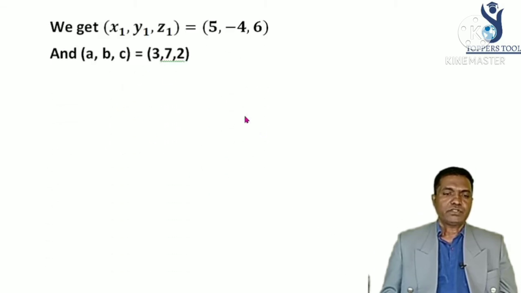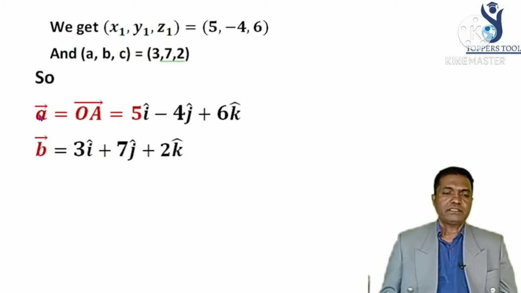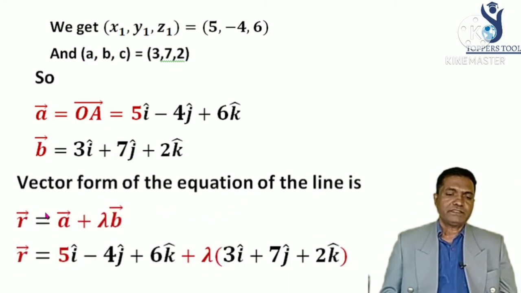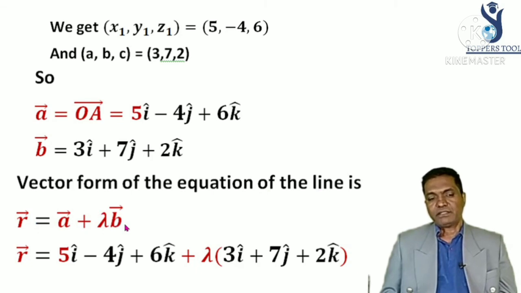Now we can write the position vector a as 5i cap minus 4j cap plus 6k cap, and vector b using the direction ratios as 3i cap plus 7j cap plus 2k cap. So now you can write the vector form as: vector r is equal to vector a plus lambda vector b, and substitute vector a and vector b.